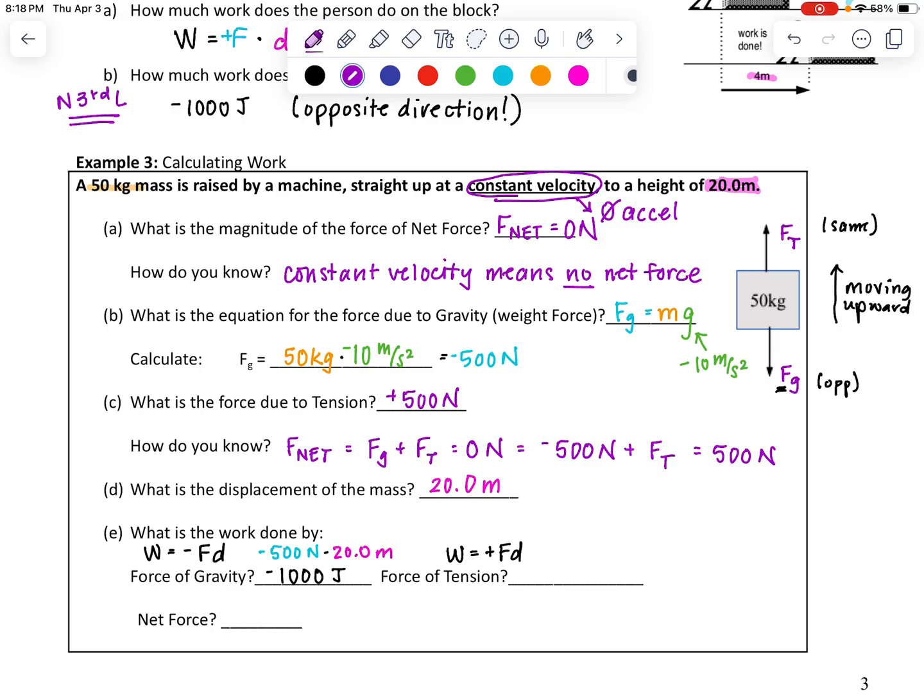And so that is equal to 500 newtons multiplied by 20.0 meters. This would end up being positive 1,000 joules. The work done by the net force: net force is 0, so it has to be 0 joules.